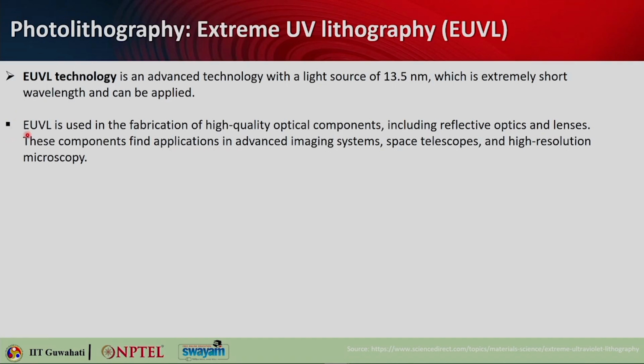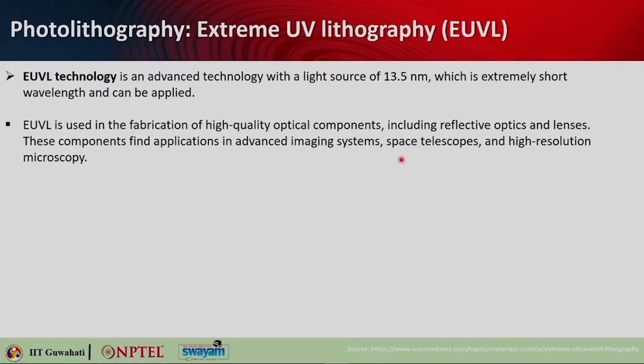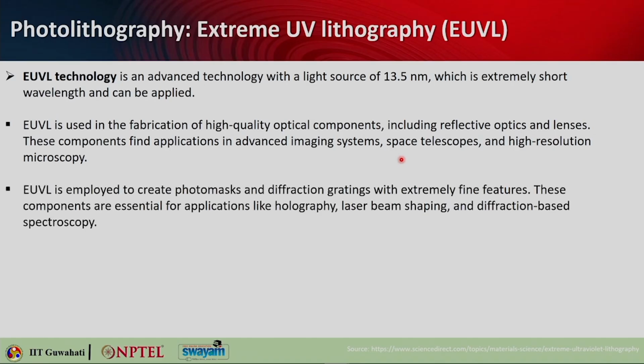EUVL, that is extreme UV lithography, is basically used for fabrication of high quality optical components which are used in reflective optics and lenses, and they find applications in advanced imaging systems, space telescopes, very high resolution microscopes and all these things.